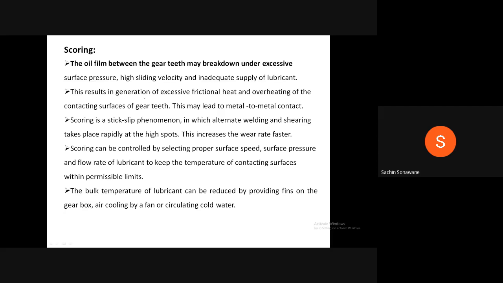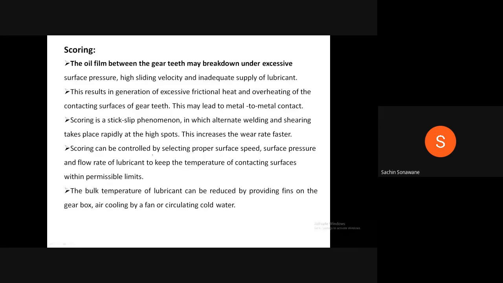This results in generation of excessive frictional heat and overheating of the contacting surfaces of gear teeth. This may lead to metal contact. Scoring is a stick slip phenomenon in which alternate welding and shearing takes place rapidly at the high spots. This increases the wear rate faster.